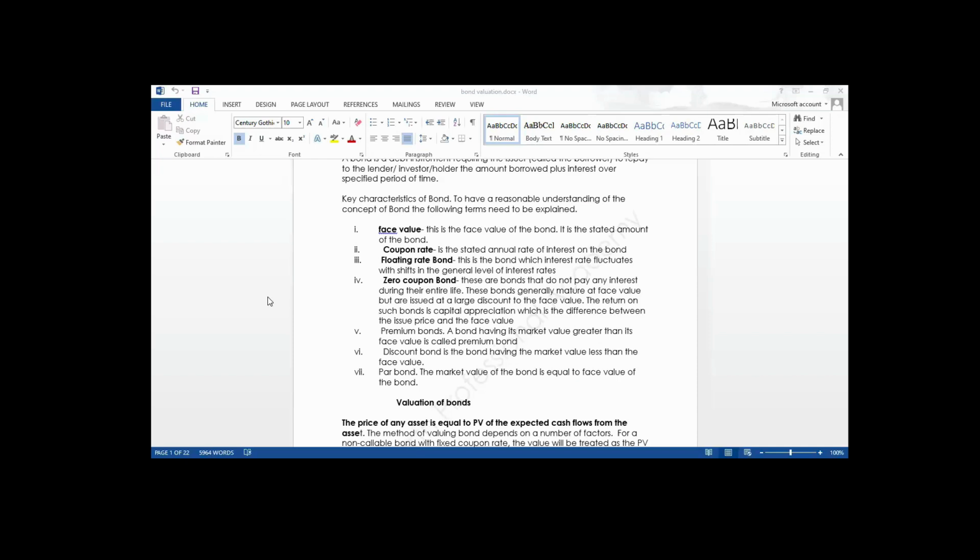If you are required to value corporate bond, you use the corporate yield curve, but if you are required to value government bond, you are going to use government yield curve.